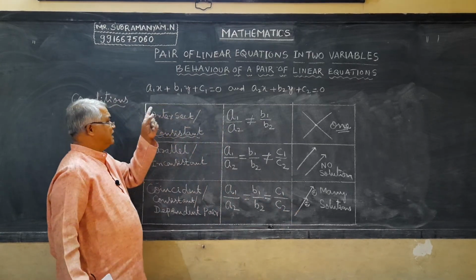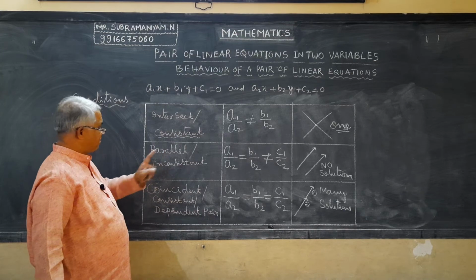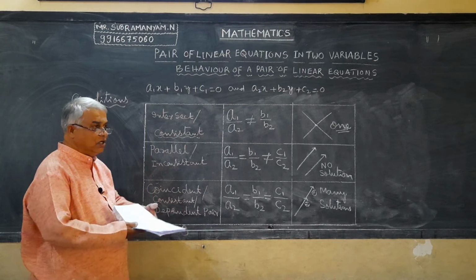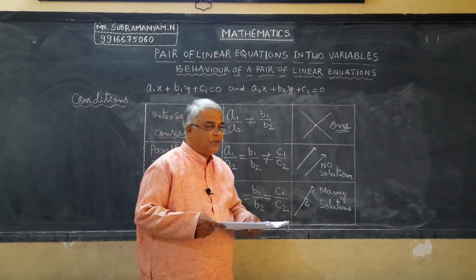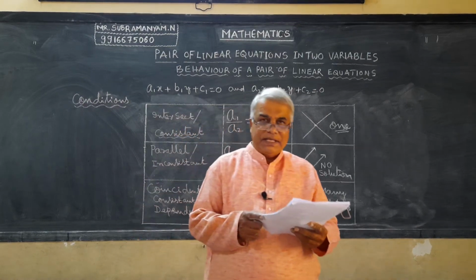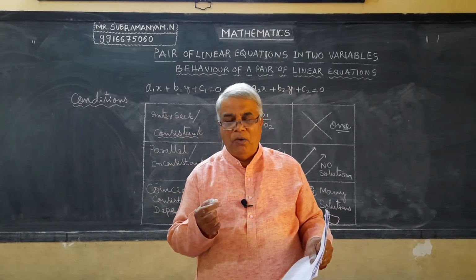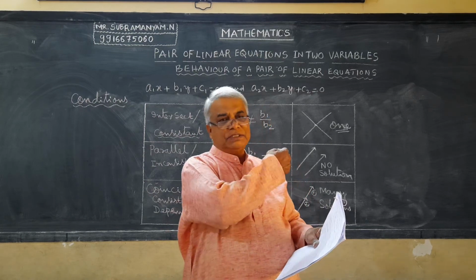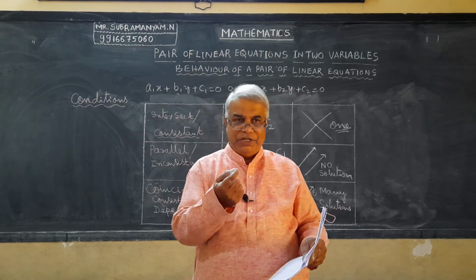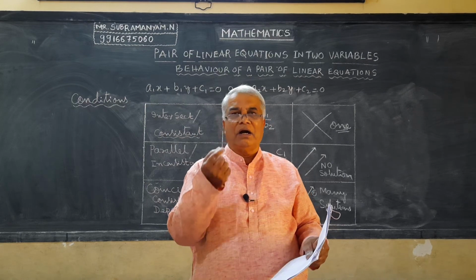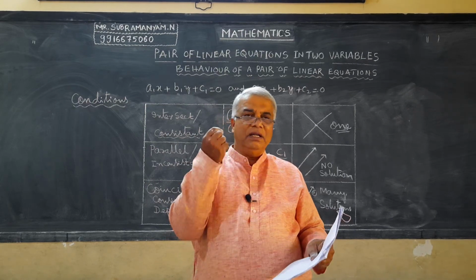That means whether the lines intersect, whether the lines are parallel, whether the lines are coincident. In our next video, we'll take a problem and see how to judge, using the ratios, whether they are parallel, intersecting or coinciding.